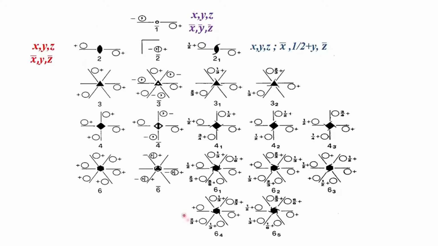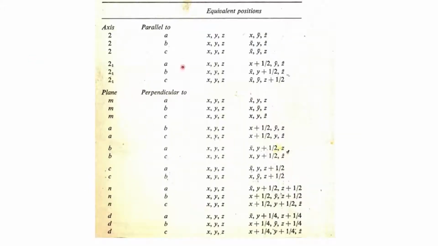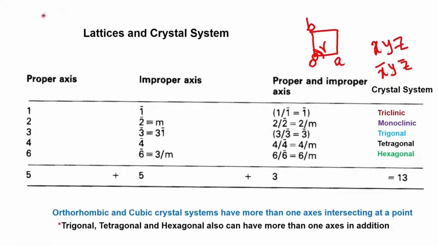We have also seen the operations which involve a translational part of the periodicity. In case of B symmetry, it is half and so on. And we also have seen how they generate these lattices and crystal systems, generating 7 crystal systems. So, we will stop at this point.